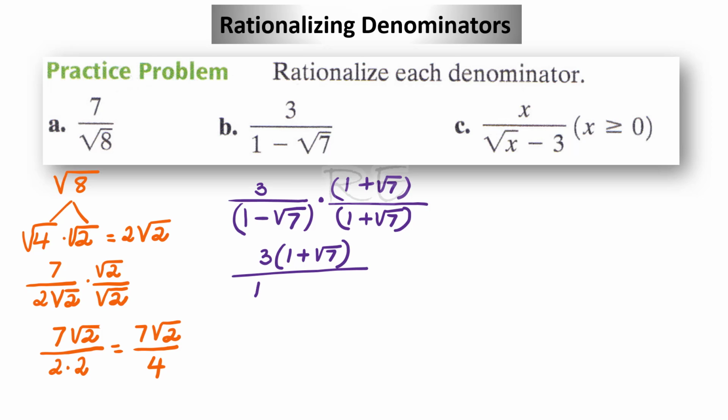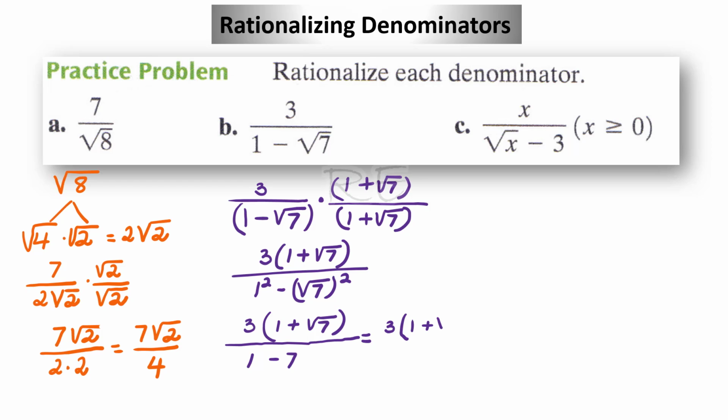And the denominator, because we are multiplying two conjugates together, 1 squared minus square root of 7 squared. So it's 3 times 1 plus square root of 7 divided by 1 minus 7, and 1 minus 7 is -6.